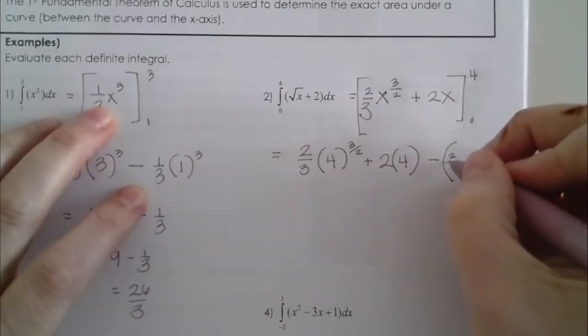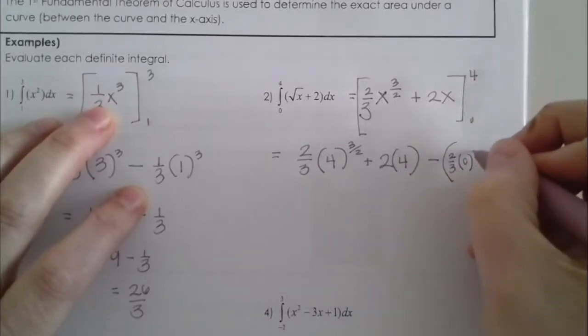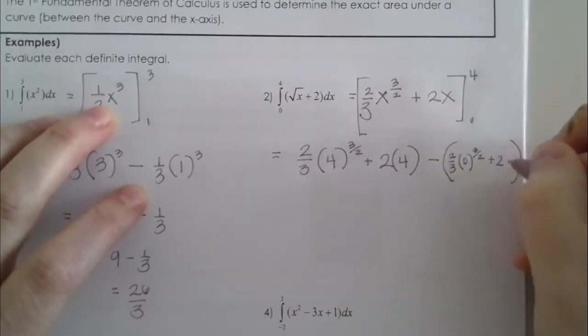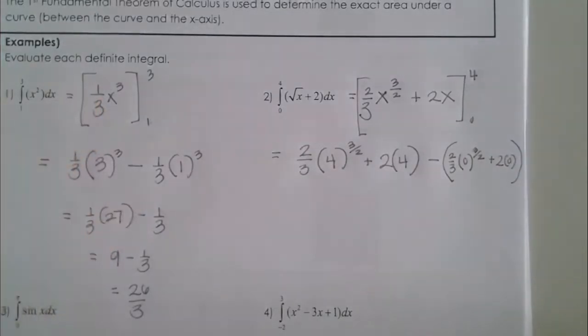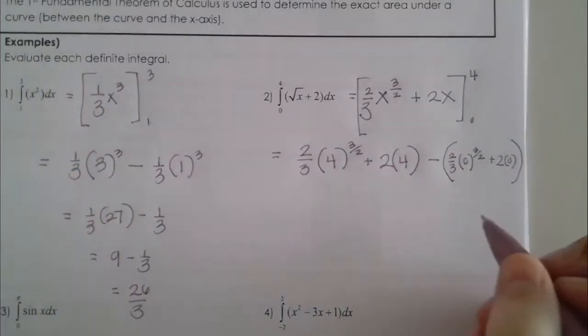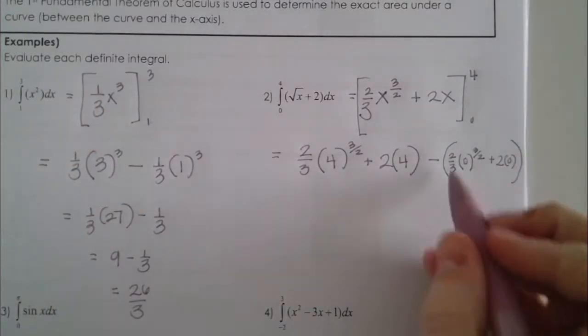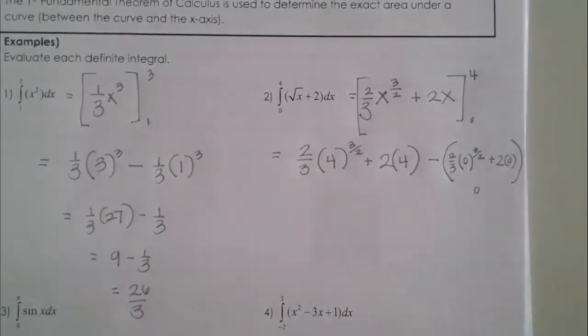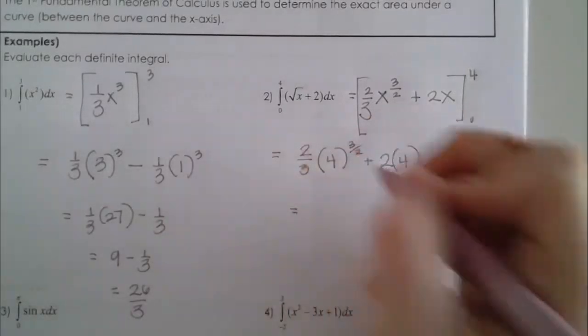Hopefully you recognize that we don't really need to substitute 0 in, because anything times 0 is really just 0, but I'll write it just for showing our work. But this is really just a value of 0, and minus 0 is not going to change anything. So really we're just dealing with this front part.